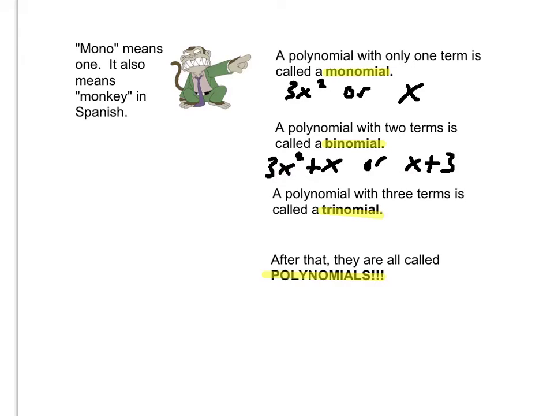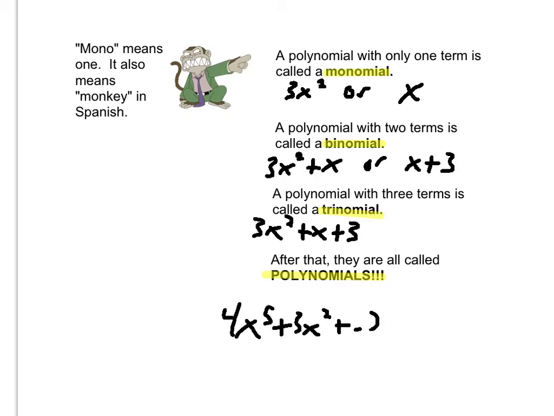A trinomial has three terms, so it might be 3x squared plus x plus 3. And then anything after that is just called a polynomial. So we can have four terms added together or five terms added together, like 4x to the fifth plus 3x to the fourth plus negative 2x cubed plus negative 3x squared, and so on.